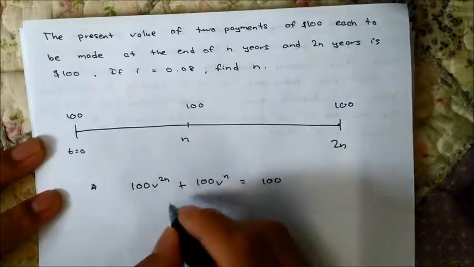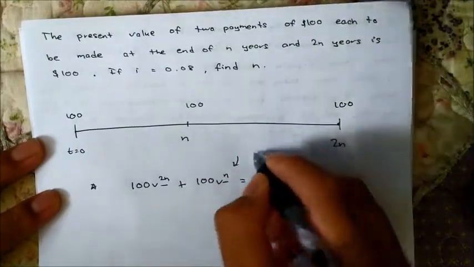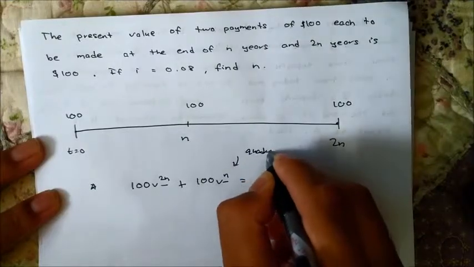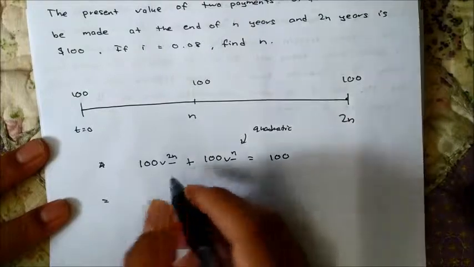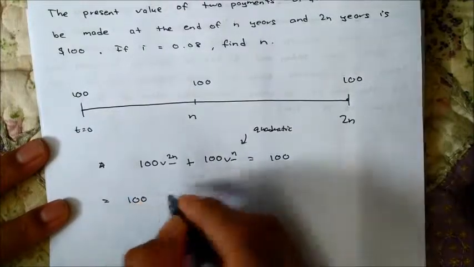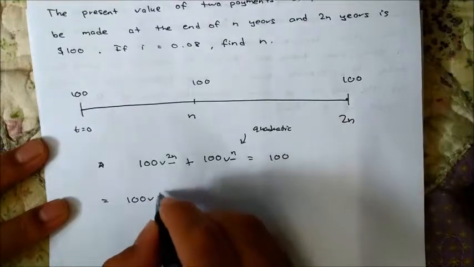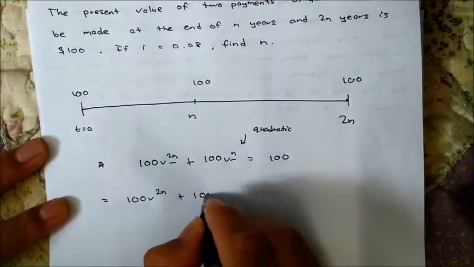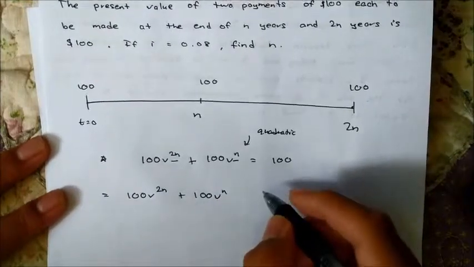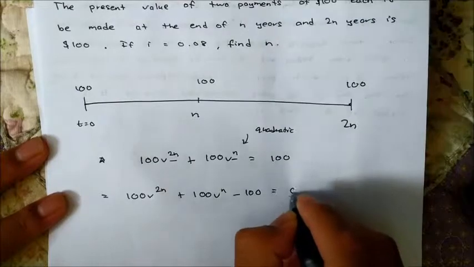So as you can see here, 2n and n is in the form of quadratic. Therefore, we can solve this question using a quadratic equation, which is when we rearrange, we will get 100v to the power of 2n plus 100v to the power of n minus 100 equals 0.